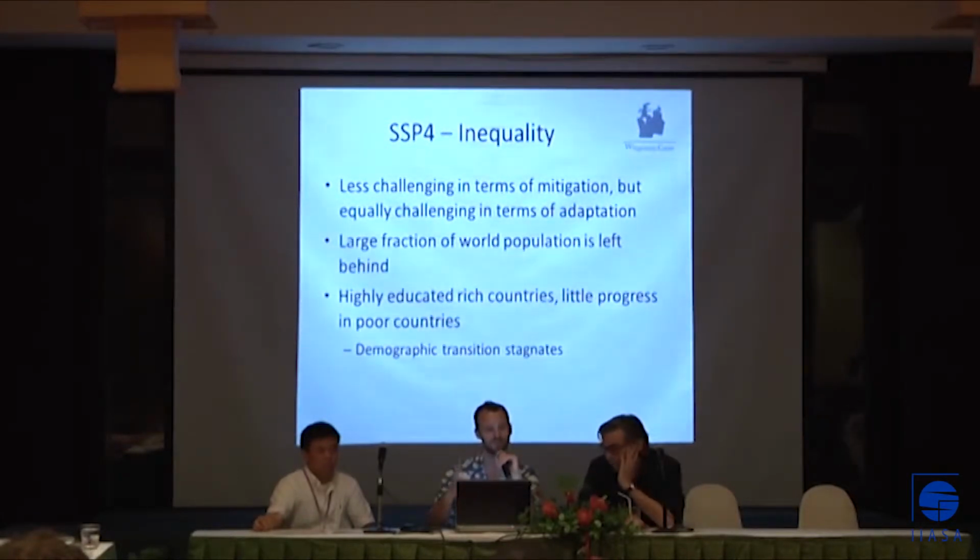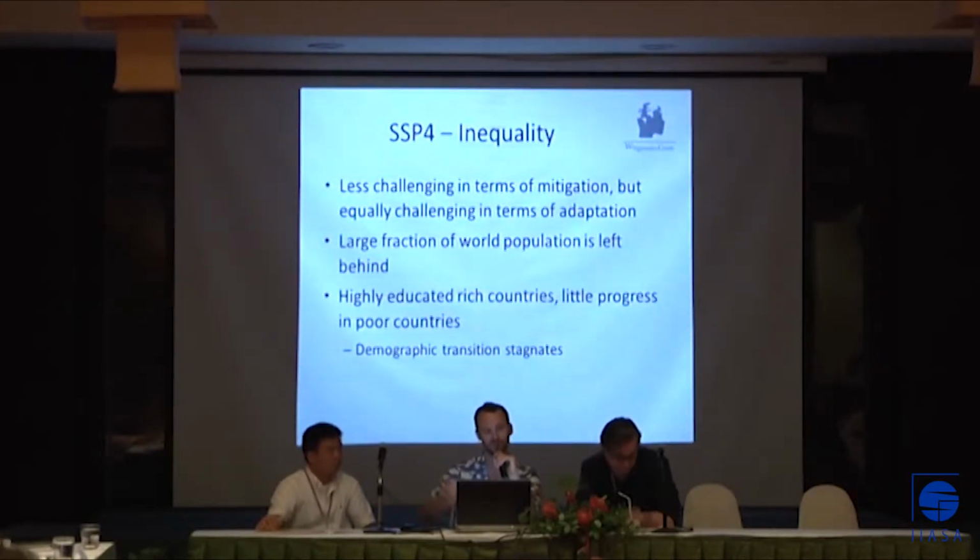But what's important here is that a large fraction of the global population in this scenario will be left behind, and due to their very small income, they will not even dispose of the necessary means to make a large contribution to CO2 emissions, for example. And therefore, mitigation challenges will be rather smaller.